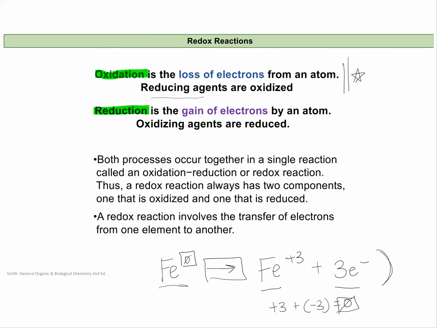So in this case, that example I gave, because there is a loss of electrons, the iron is oxidized. And these reactions are always coupled together. There isn't just an oxidation reaction or just a reduction reaction. So when these 3 electrons leave the iron, they go somewhere specific. In our previous example, this was actually to the oxygen.